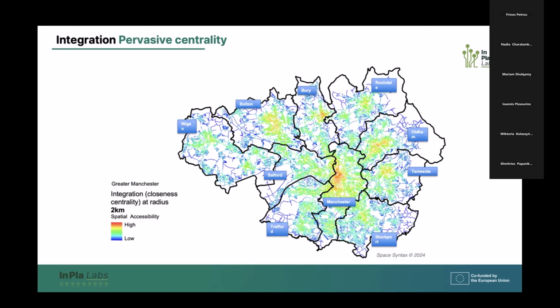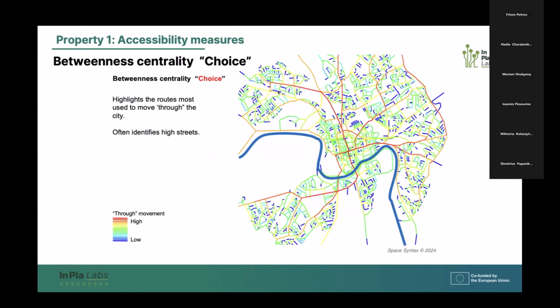So in this picture, you can see it picks out the local towns that are surrounded by the city areas. So you can see the multiple centers in this picture, which highlights the central area in each town or in each municipality, let's say, within a 2 kilometer scale.